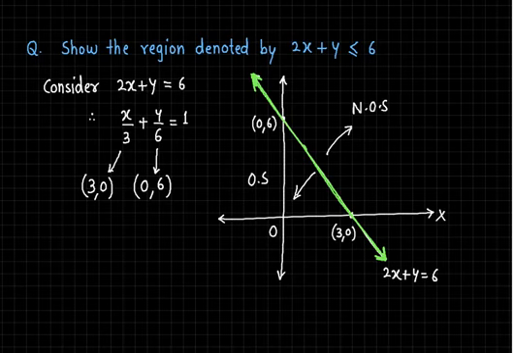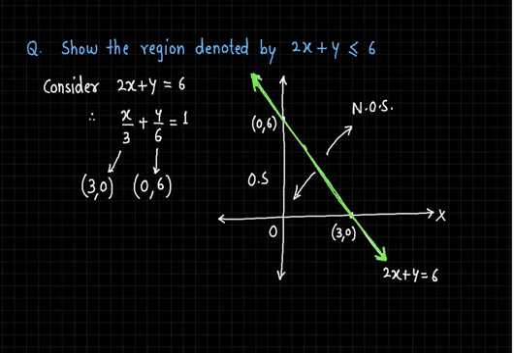The better way to refer to the regions is origin side and non-origin side. Out of these two regions, one represents the less than case, and the other naturally indicates the greater than case. So which is which? How do we decide that? For that, we take any point in any region wherever we want.